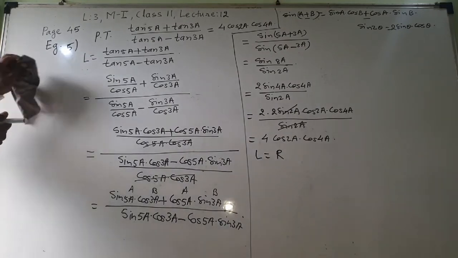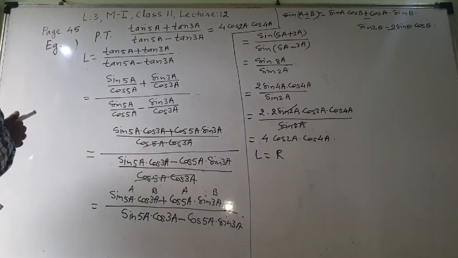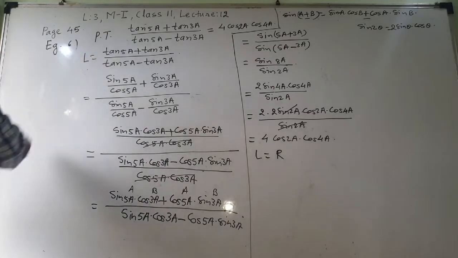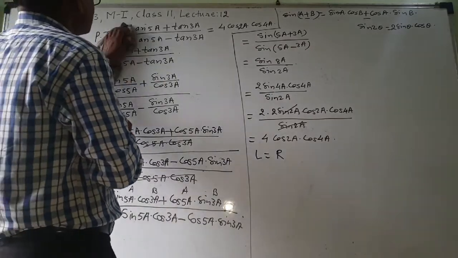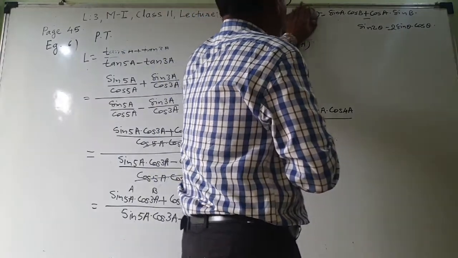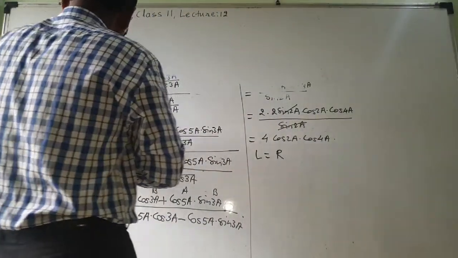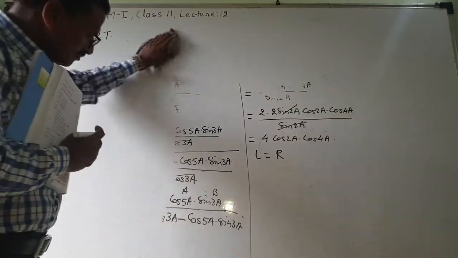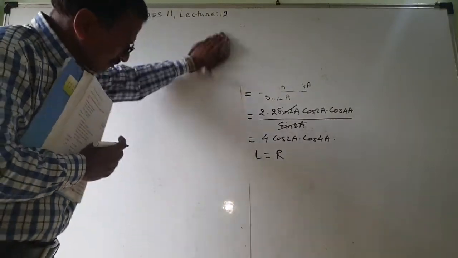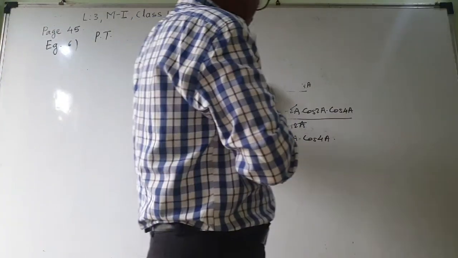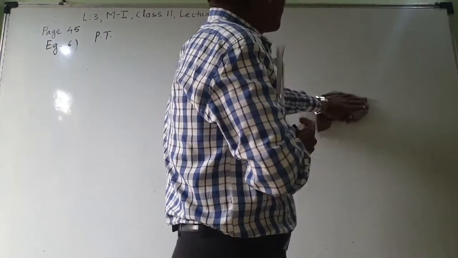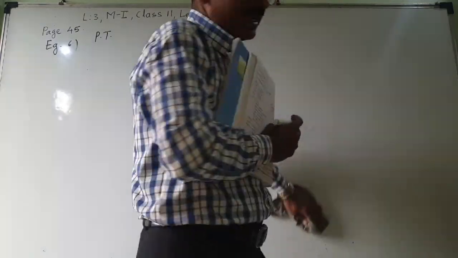So now we will take the sixth example. I am clearing the whole board. Once you understand this basic conversion in trigonometry, then trigonometry is very easy.